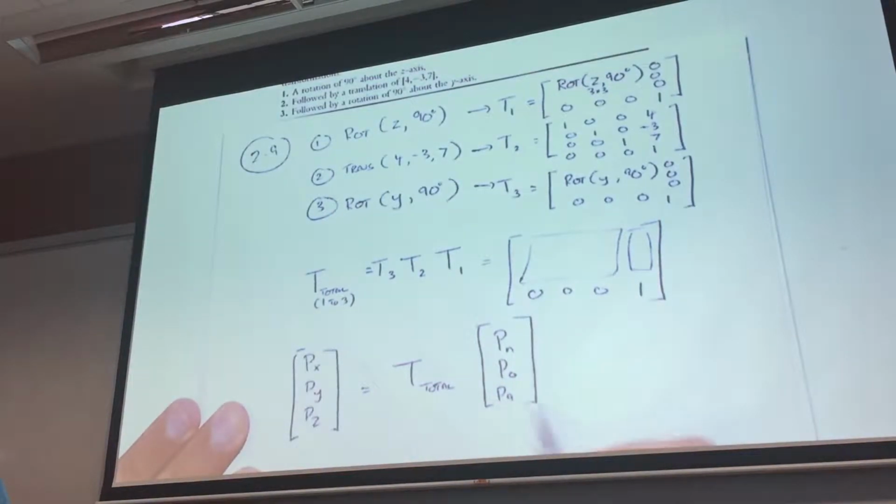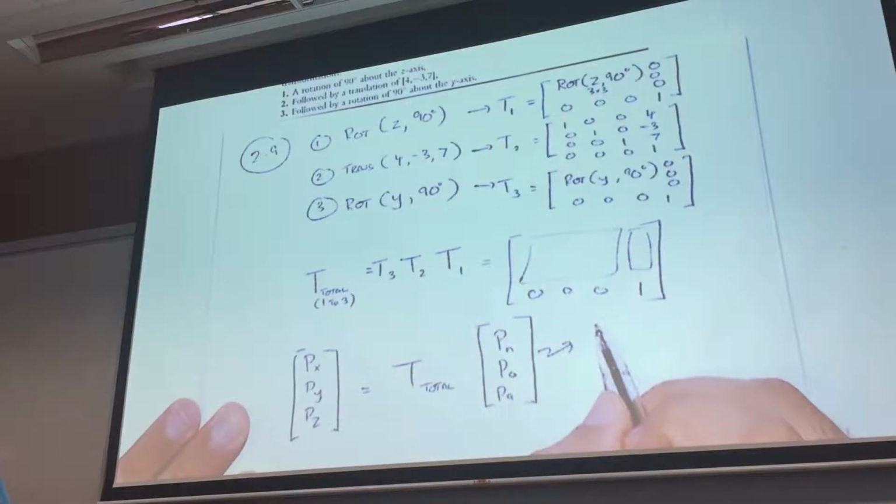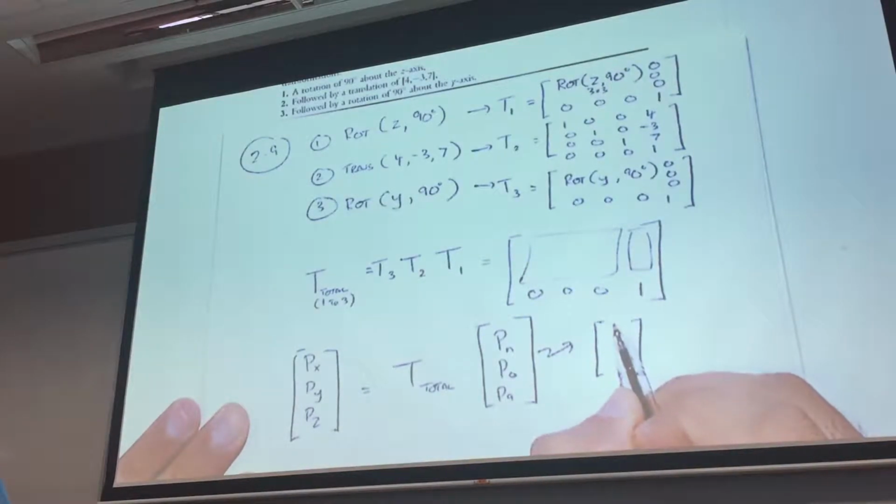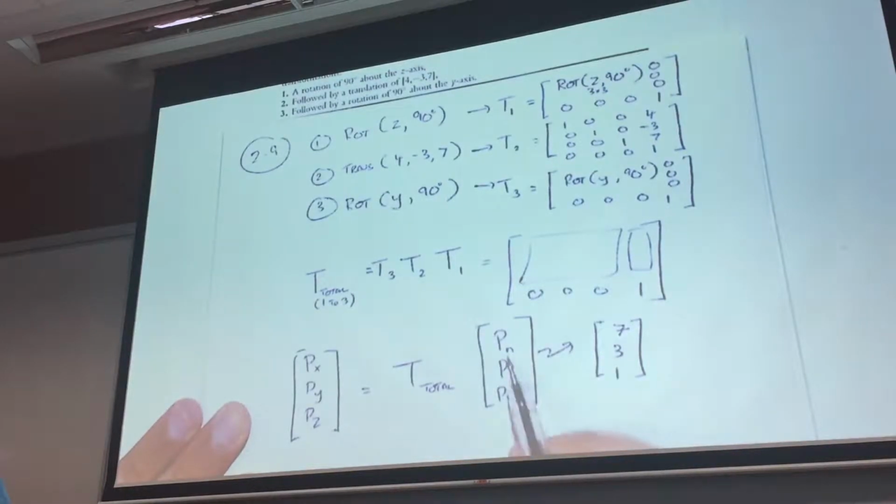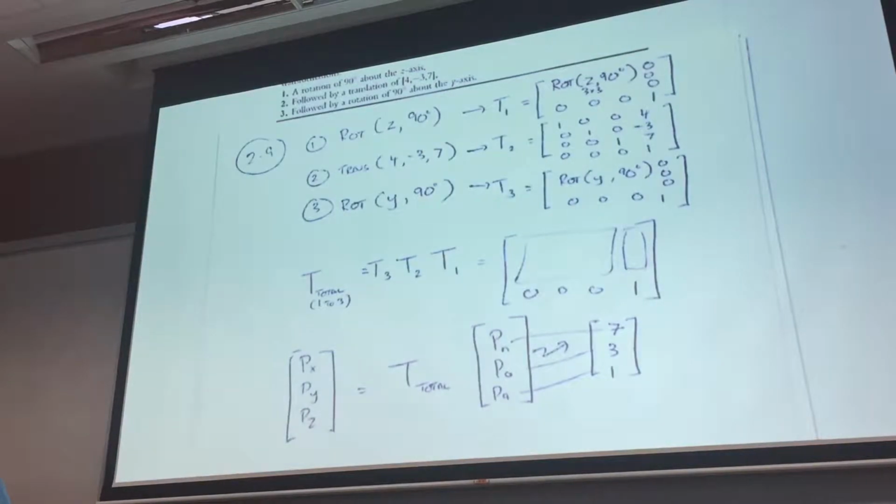What is this value from your question? What's the value of this vector? 4, minus 3, 7, 3, 1. Okay? Your Pn is 7, Po is 3, Pa is 1. Okay, you solve this, then you reach your final.